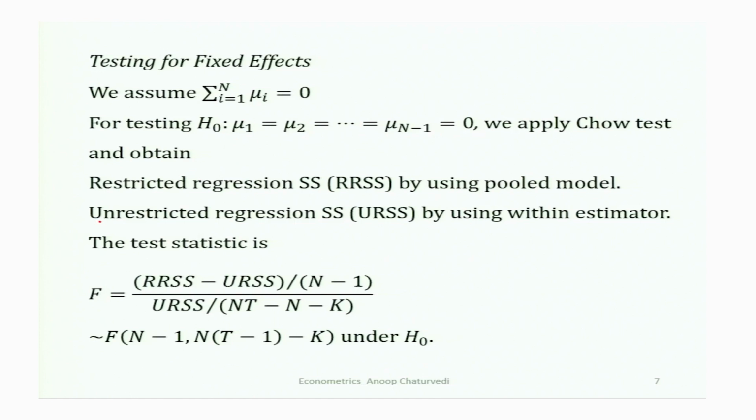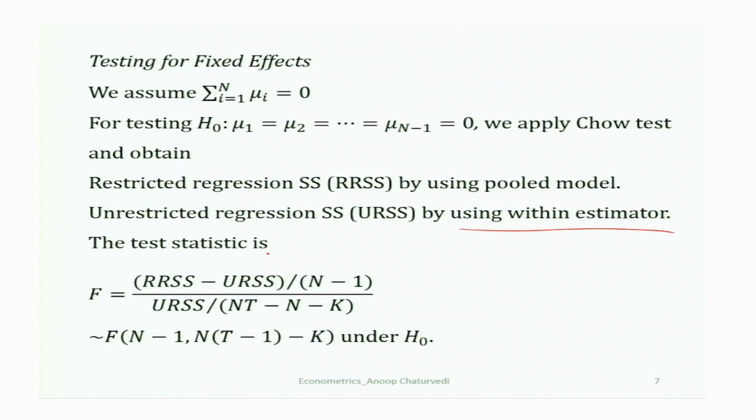Then we consider unrestricted regression sum of squares by using within estimator. So, we obtain regression sum of squares when we are using within estimator.